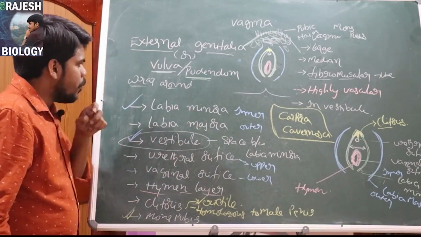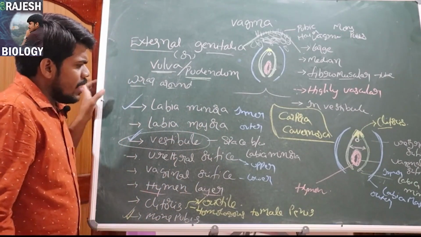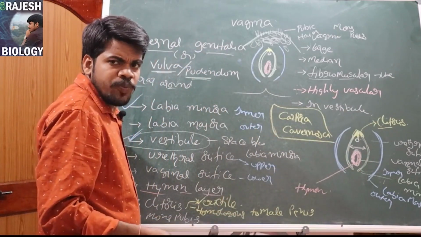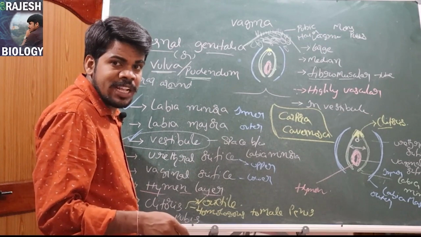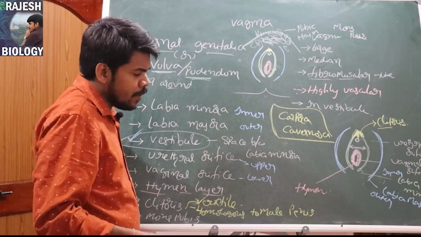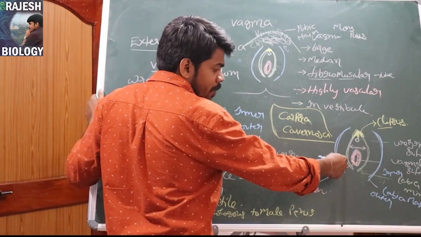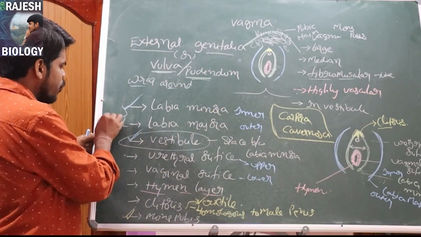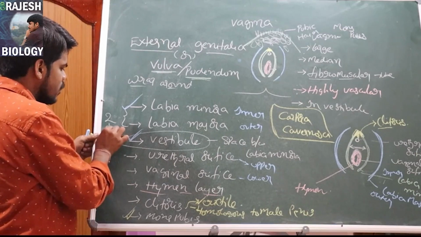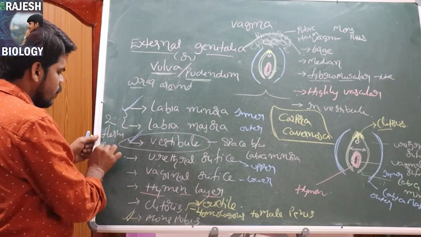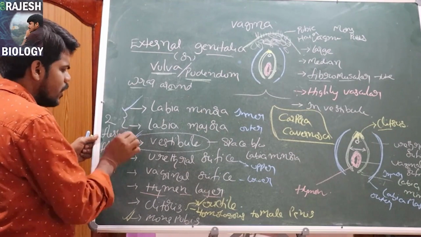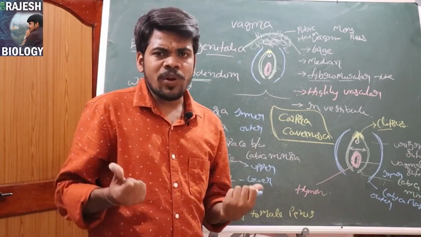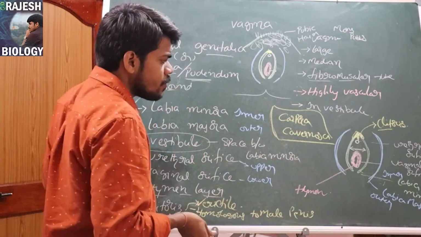And coming to the vulva, the pudendum: the vaginal orifice opens in the vestibule, the space between the two labia minora. The vaginal orifice is covered by two pairs of fleshy folds of tissue, the inner labia minora and the outer labia majora.